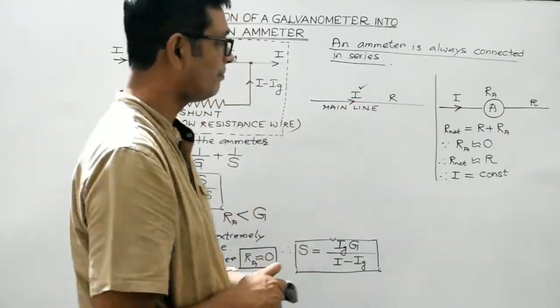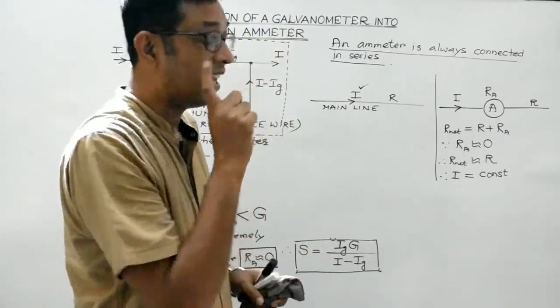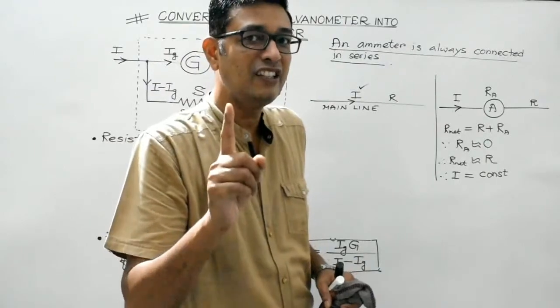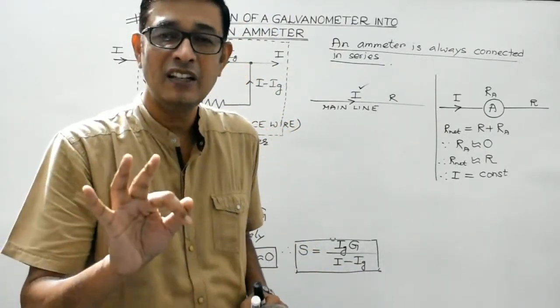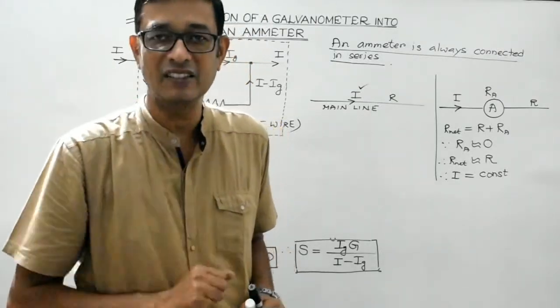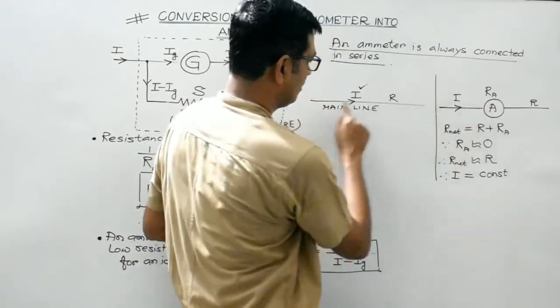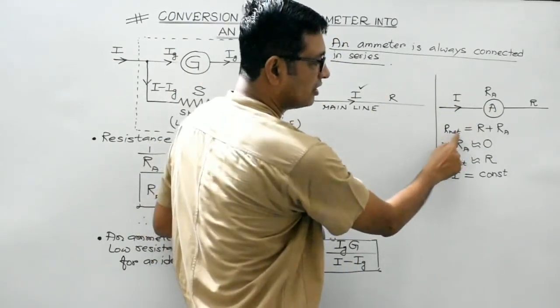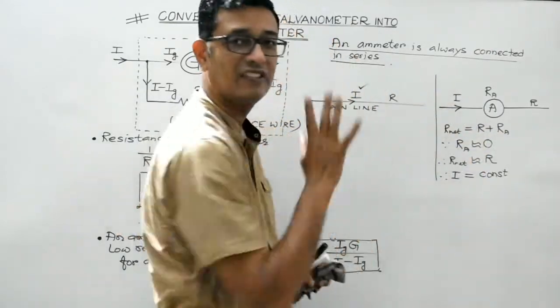Right? Okay, I'll repeat once again. An ammeter is always connected in series. What's the reason? The reason is an ammeter is an extremely low resistance device. Thus, on connecting an ammeter in series, the net resistance of the circuit more or less remains constant.